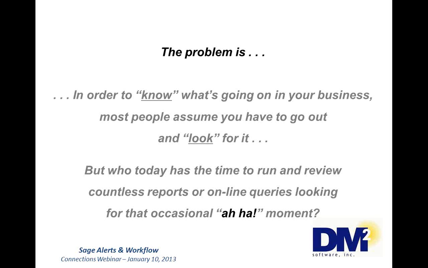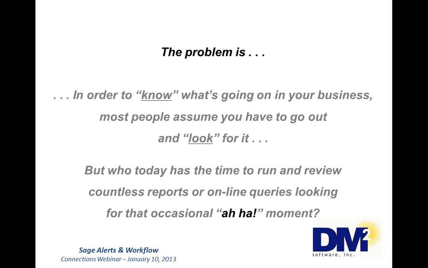So what's the problem? Why is it that people are experiencing this if only we had known moment in their business life? Well, what we're able to determine is that for most organizations, in order for you to know what's going on in your business, in order for you to know about those clients who have stopped buying from you, in order to know about those clients who are having difficulty meeting their financial obligations, most organizations have to go out and look for it.